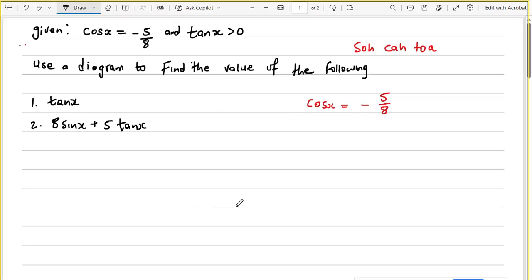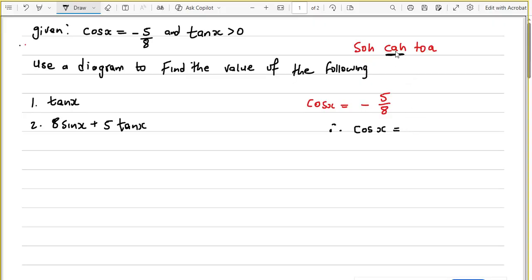Think about the given. Okay. Think about it. Look at this. It's adjacent over hypotenuse. What do you have to say about that? Nothing much. But look at this.